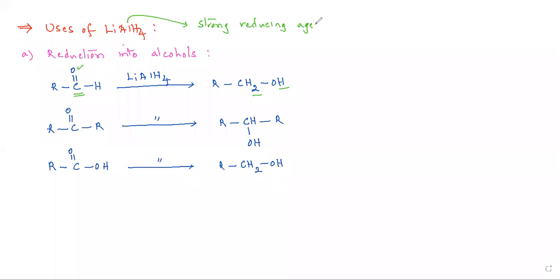So normally acids are reduced into aldehydes or say carbonyl compounds and then into alcohol. But look at this. With lithium aluminum hydride, acids are converted straight away into alcohol.